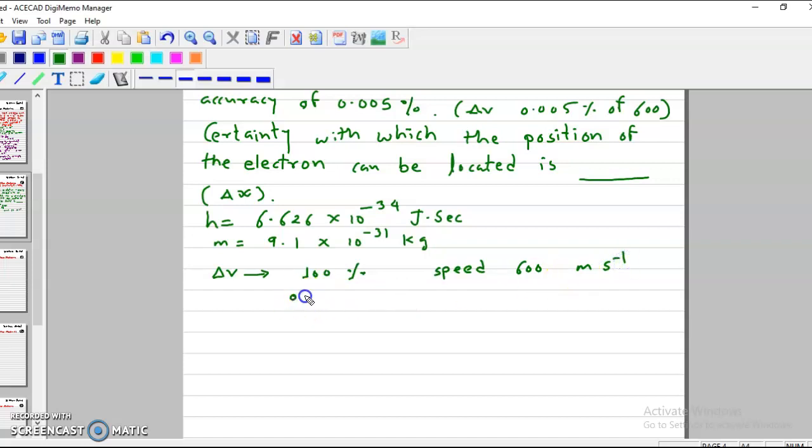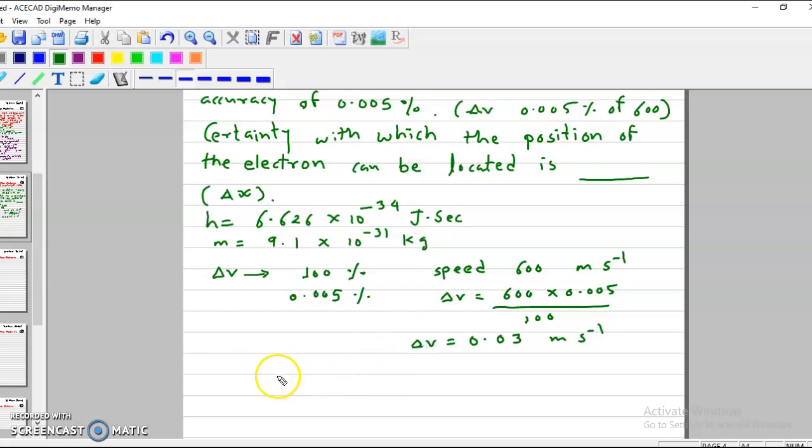So in case of 0.005% accuracy, the speed will be, that is delta V is equal to 600 times 0.005 upon 100. Okay, and this will be roughly 0.03 meter second inverse. So this is delta V.